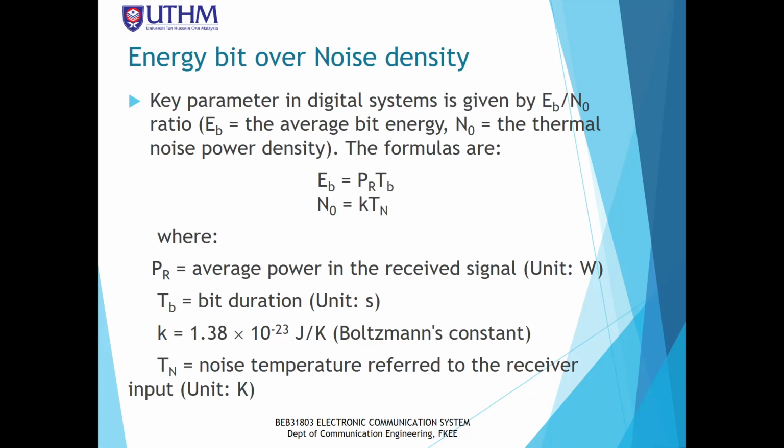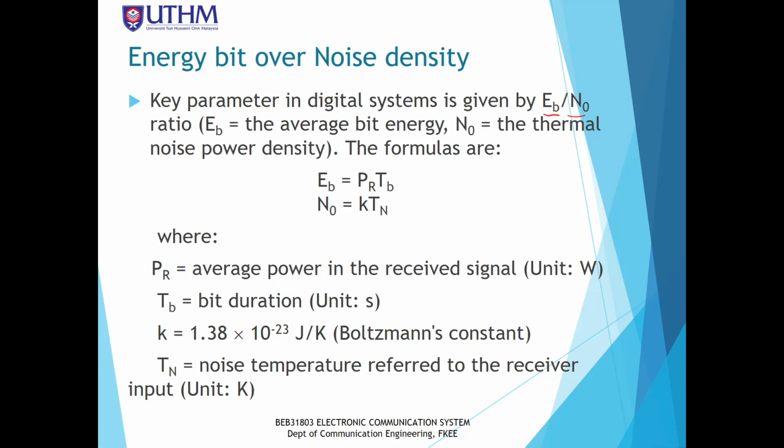Energy bit over noise density is defined as Eb over N0. Eb is the energy bit, the average bit energy. N0 is the thermal noise power density.